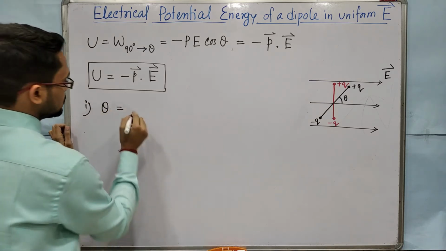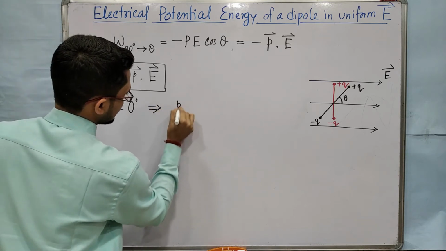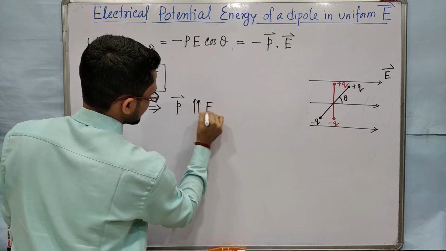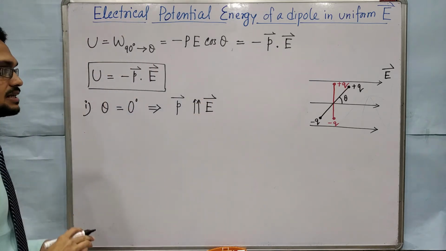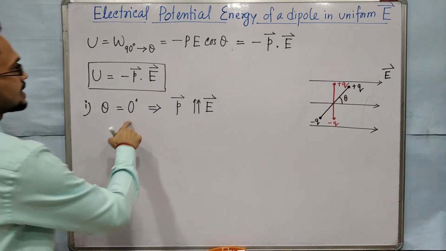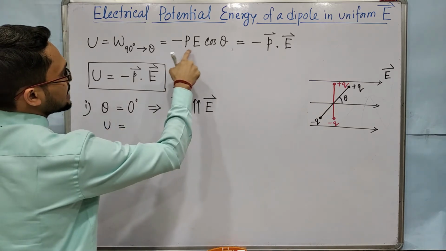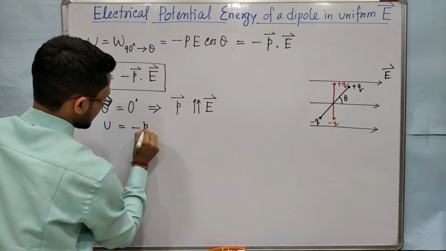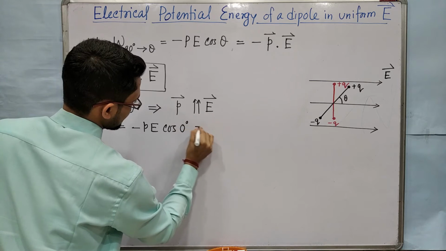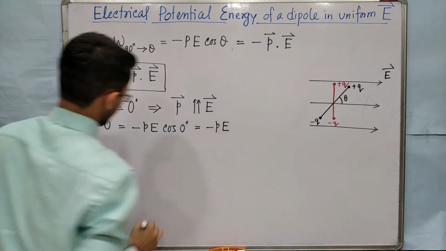Theta equal to 0 degrees means P and E are parallel to each other in the same direction. Then U will be minus PE cos 0 degrees. Cos 0 degrees means 1, so it will be minus PE.